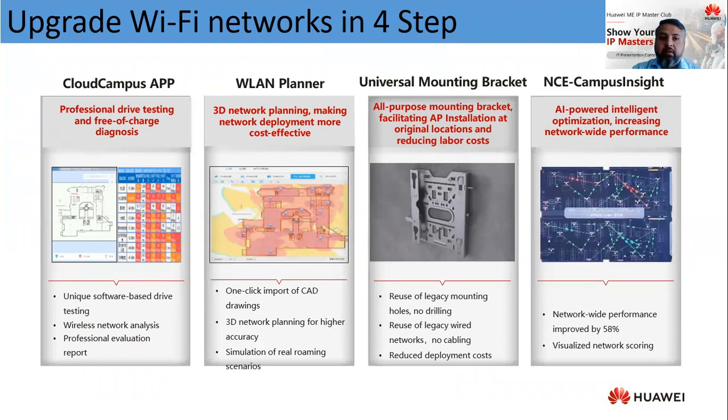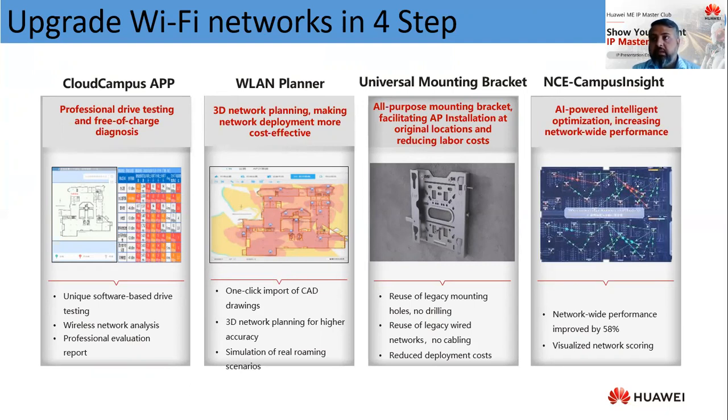And from my experience, this is one of the best selling points to the customer, that we can go to the customer premises, use this app, and show them how their current WLAN solution is lagging and how we can give them a better solution.